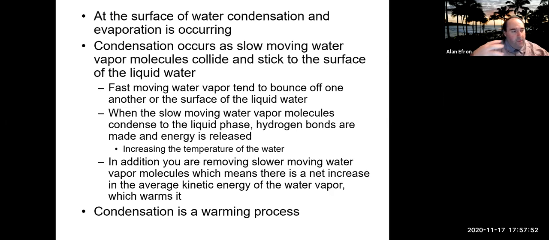It's going to warm up the surroundings in terms of energy. And as they start to make more hydrogen bonds, that's also an exothermic process. Heat and energy needs to be released. As things come together to bond, energy has to be released, which is exothermic as well. So it's a warming process.